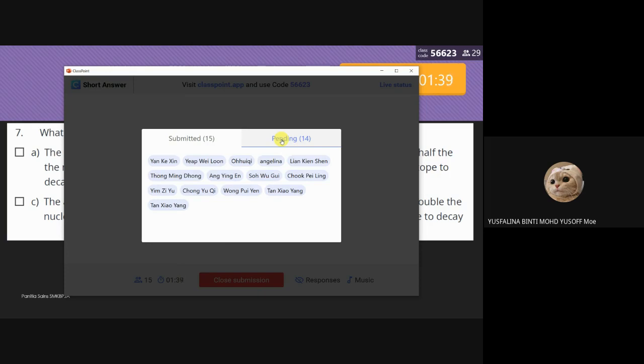Okay. Which one? Hyuchi, Kazin, Weilun, Angelina, Mingdong, Ying En, Wugui, Peiling, Ziyu, Yuchi, Guyan, Xiaoyang. Xiaoyang, you have to name again.